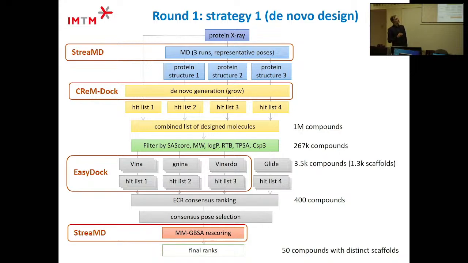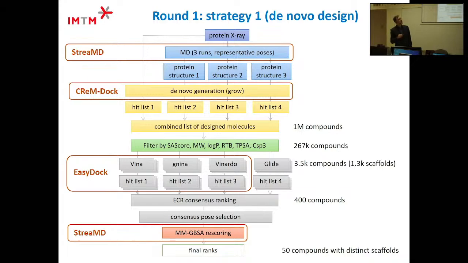Using this developed software, we obtained 4 different hit lists for every one of those proteins. We combined them together, and in total there were about 1 million molecules which were designed and docked. Afterwards, we filtered them according to the physicochemical criteria suggested by the organizers. So it reduced this list quite a lot. And we also filtered them by synthetic accessibility score to increase the chances of finding some good molecules.